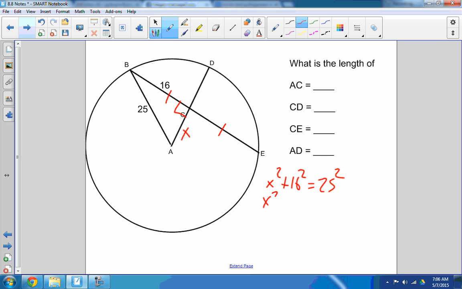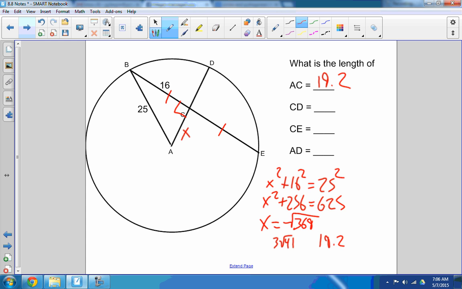So x squared plus 256 equals 625. Subtract, take the square root. We get the square root of 369, which if we simplify is 3 square root of 41, or 19.2. I rounded it. So AC is 19.2.